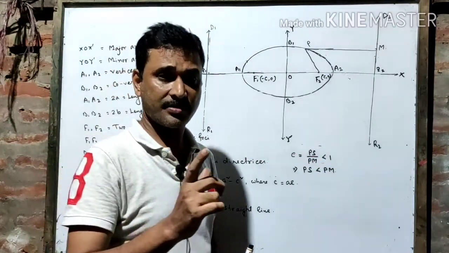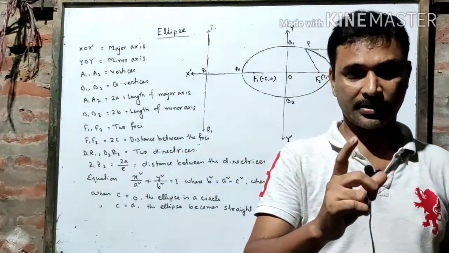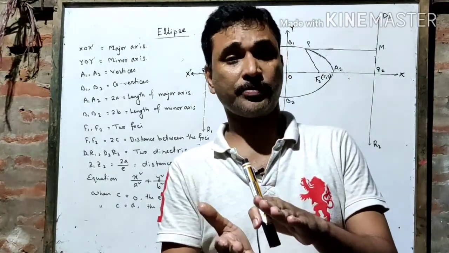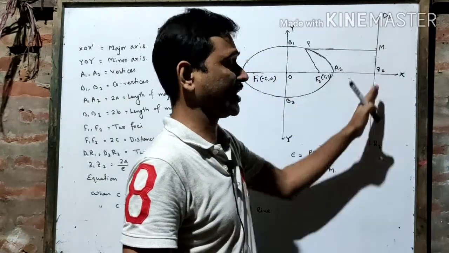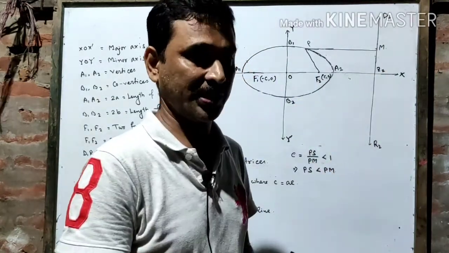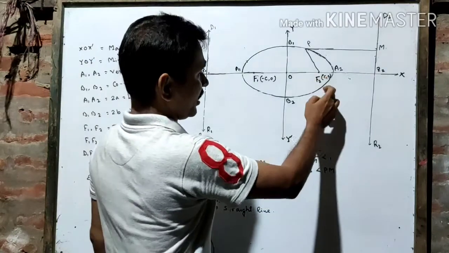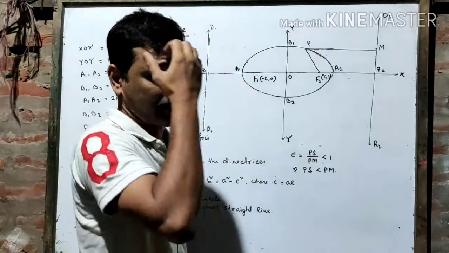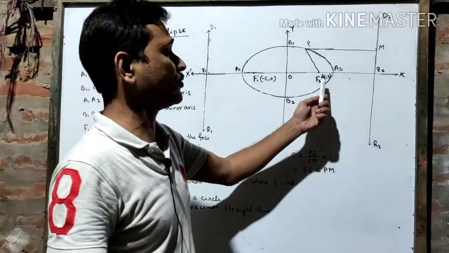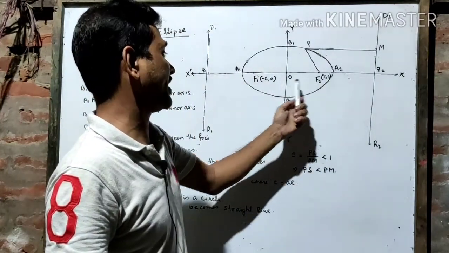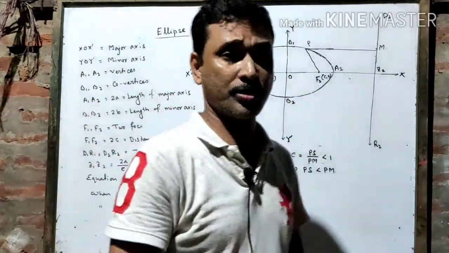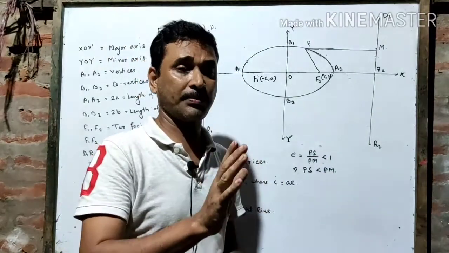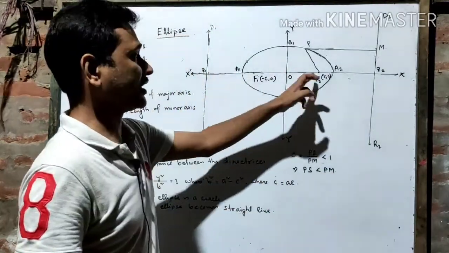It is the ratio of the distance of a point on the conic from the focus to its distance from a fixed line called directrix. Generally focus is denoted by S, but as ellipse has 2 foci, we have denoted these 2 foci as F1 and F2. In some books you can find it as S1, S2. Symbols do not matter, what matters is the meaning.